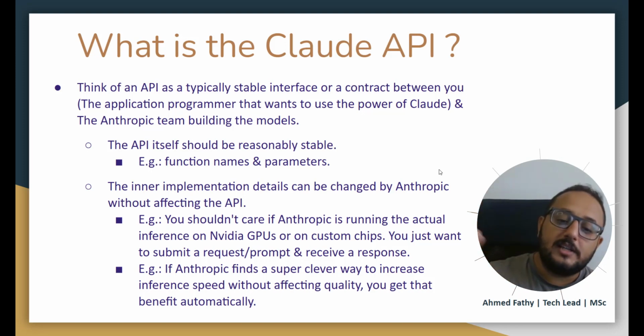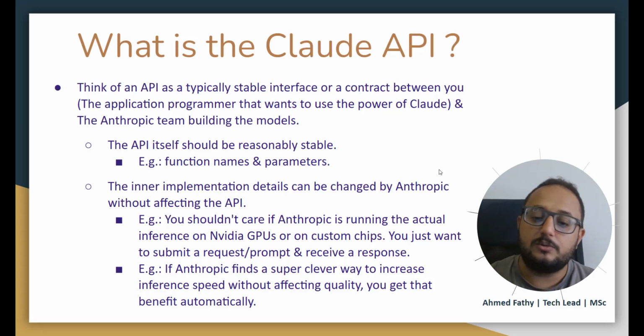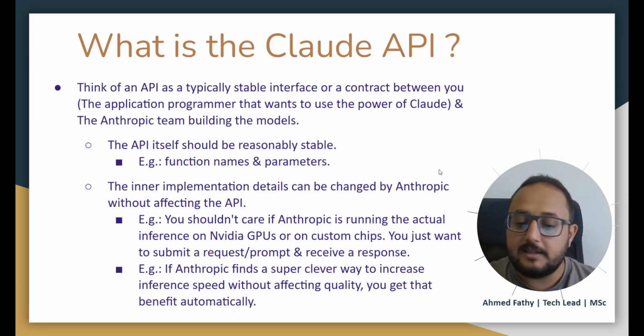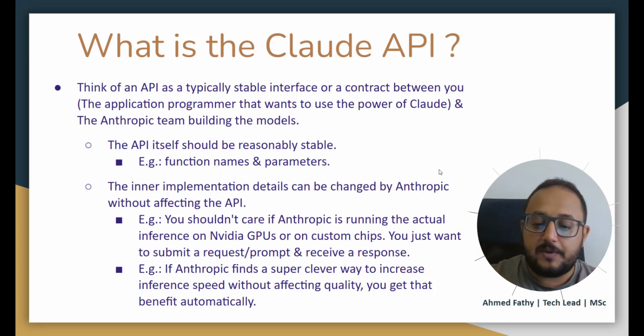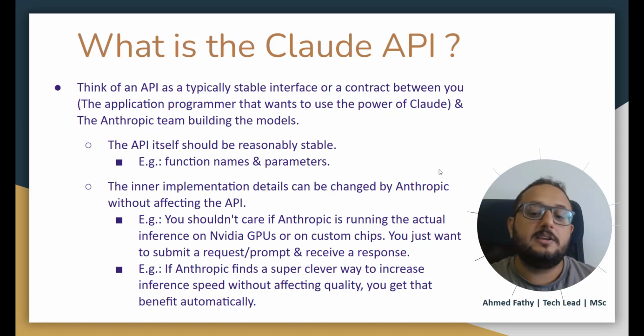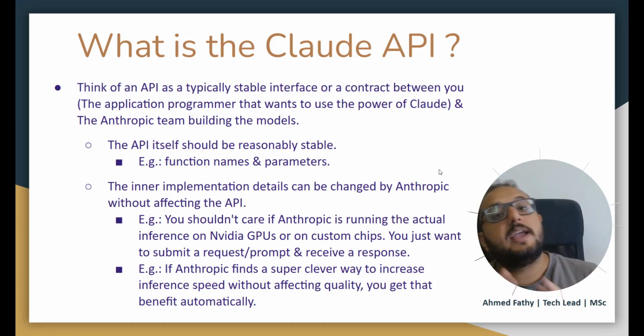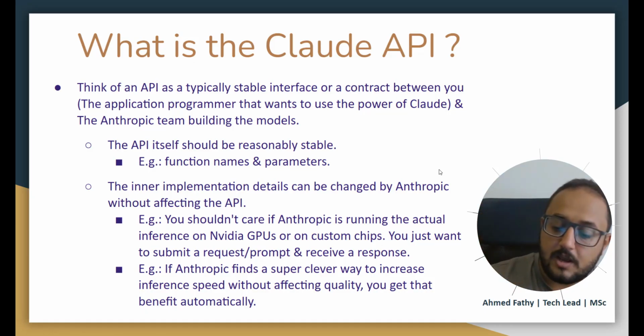For example, you shouldn't really care if Anthropic is running the actual inference on NVIDIA GPUs or on custom chips. You just want to submit a request and receive a response, right? If Anthropic finds a super clever way to do something fancy like increase inference speed, you get that for free without changing anything in your code, because you are programming to that API.